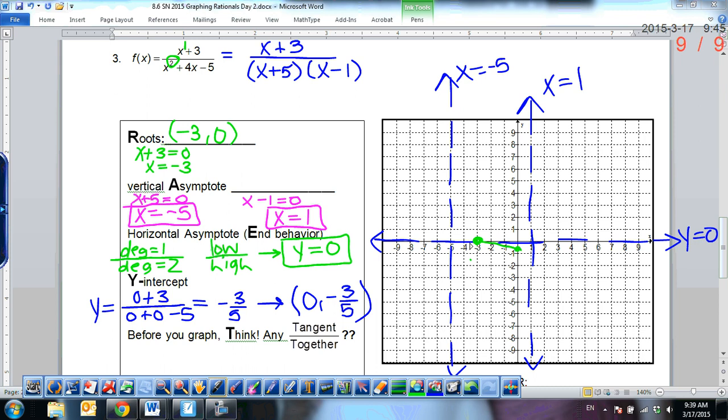So I look at this root of negative 3. Did that root come from a squared factor on top? No, it came from just x plus 3, right? So there's no tangent root. So I can't go back down. I have to go up.